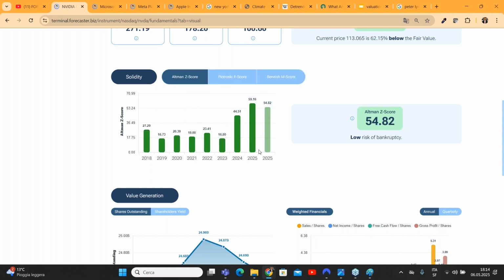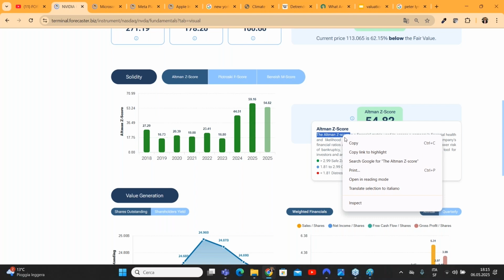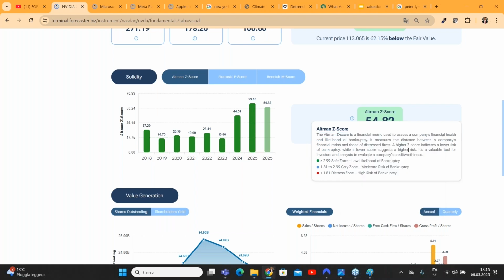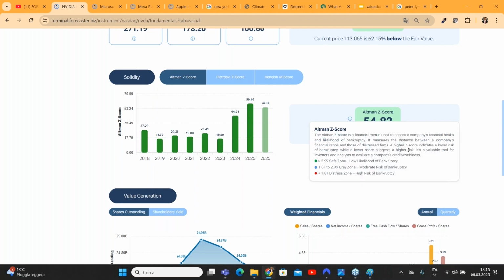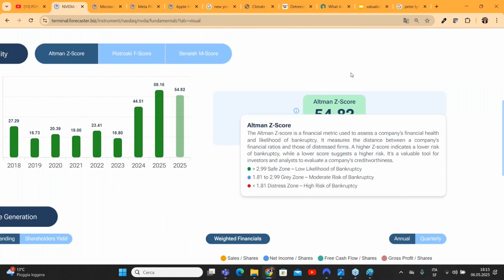The first one is the Altman Z score, an amazing score that tells us if the company has a risk of bankruptcy. Also in this case, we have a public formula. You can go on the internet and you can find it.